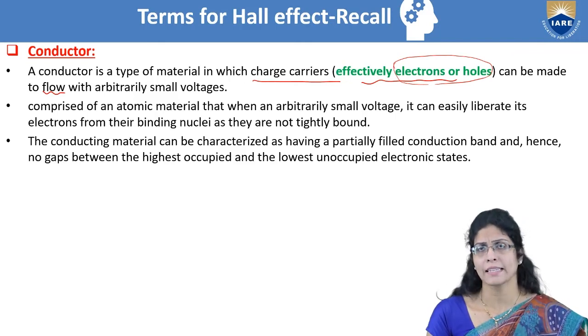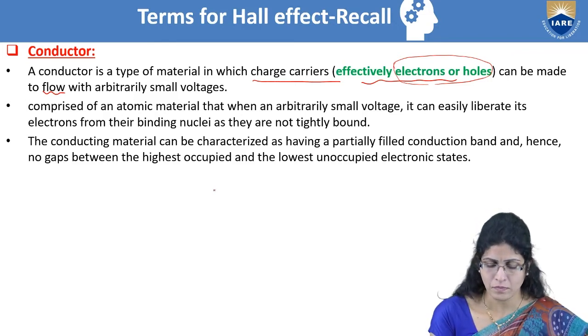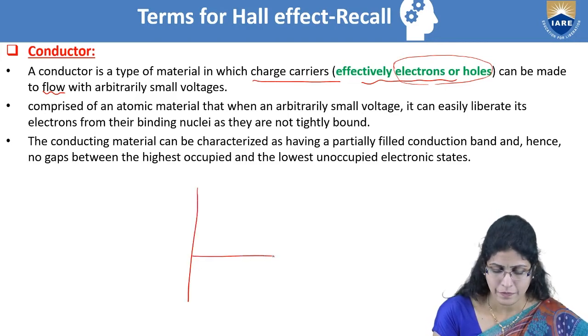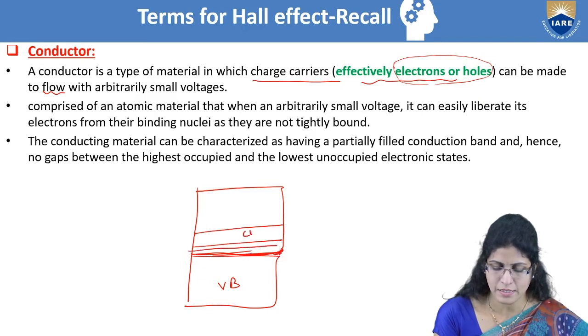If you look at the band picture, this is seen as a partially filled conduction band. If this is the valence band, the conduction band will be almost partially filled. If the conduction band is filled, in the sense that it has the electrons, then the valence band has the holes.